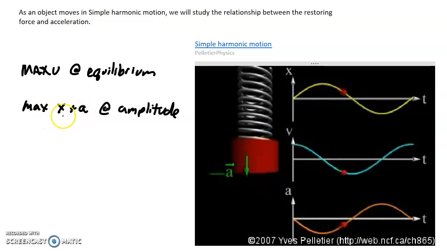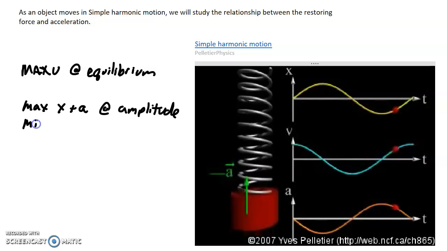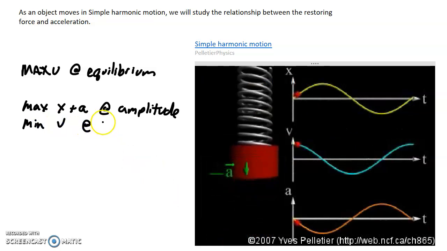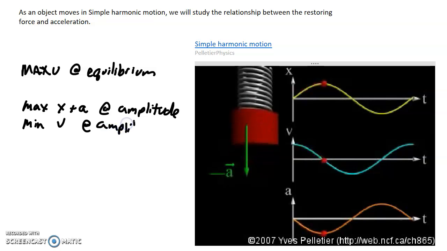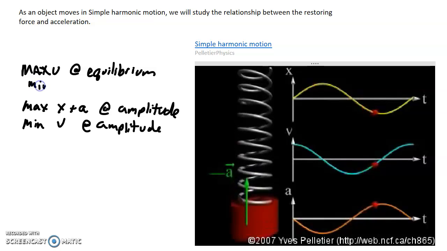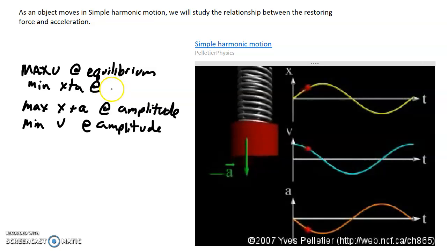Right? And so where you see the maximum acceleration, at the amplitude, you're going to see minimum velocity at the amplitude. And you're going to see a minimum displacement and acceleration at the equilibrium.